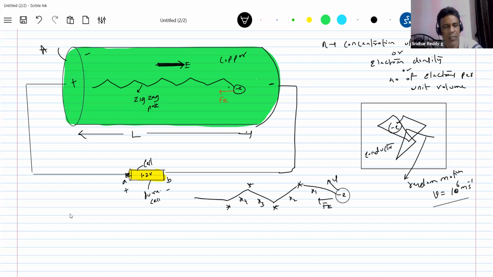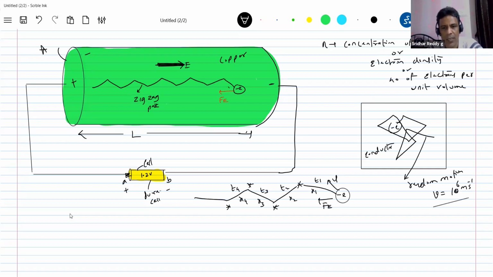They are not equal. The distance covered by the electron between two successive collisions will be different. And what about the time taken? Here it will take time t1, this will be t2, t3, t4. The time taken between successive collisions will be different for different collisions.